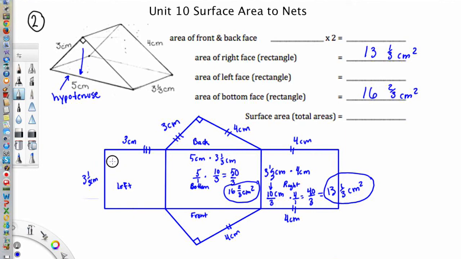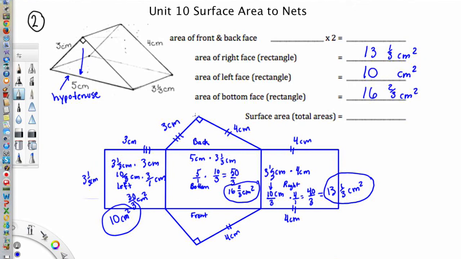Okay, so we have 3 1/3 centimeters times 3 centimeters. This becomes 10/3 centimeters times 3/1 centimeters. We get 30 thirds centimeters, which I think we all know will be 10 centimeters squared. So yeah, the left is 10 centimeters squared even.